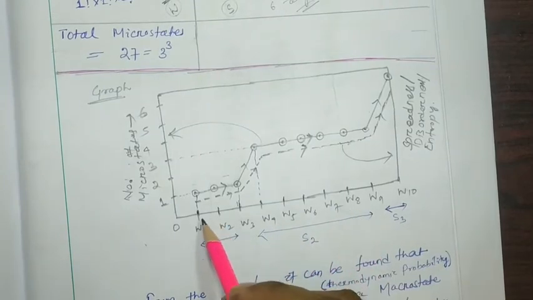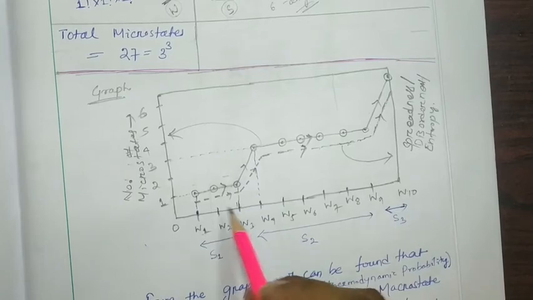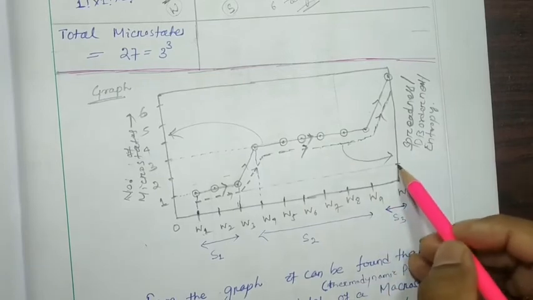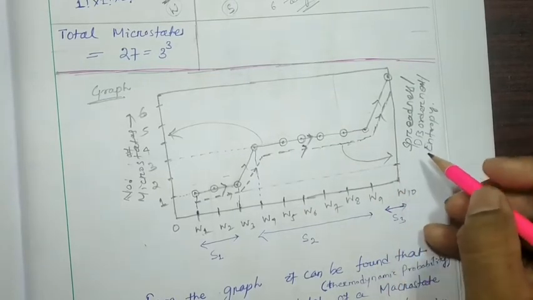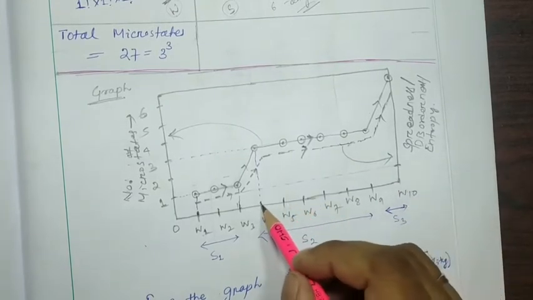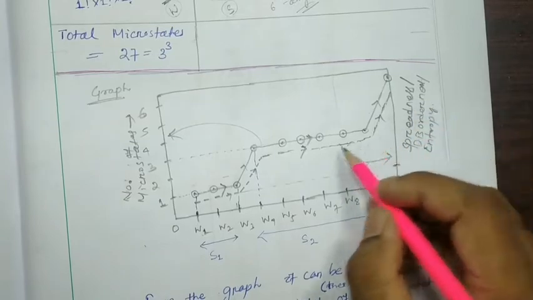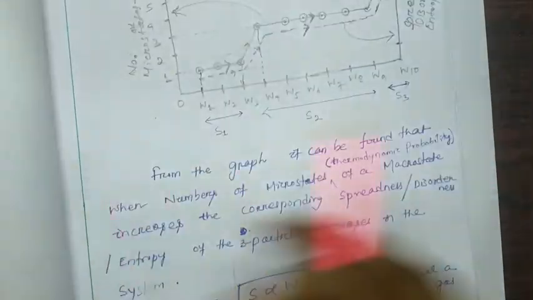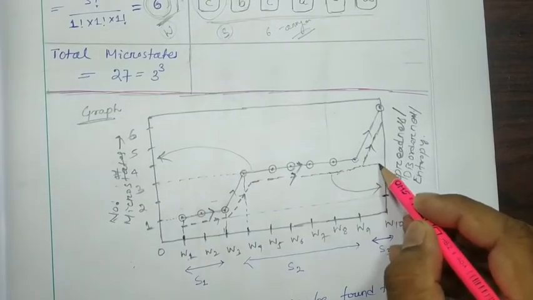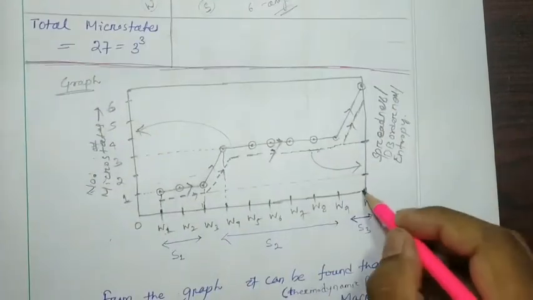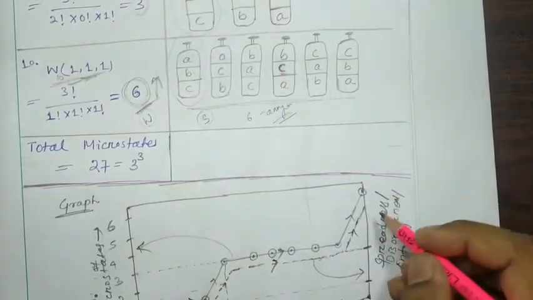For the macrostates W1, W2, W3, suppose this much value is the disorderness. But for W4 to W9 it has increased further, the spreadness. If I compare this, obviously the spreadness increases. Then if you consider W10, the last one, the spreadness has increased further.